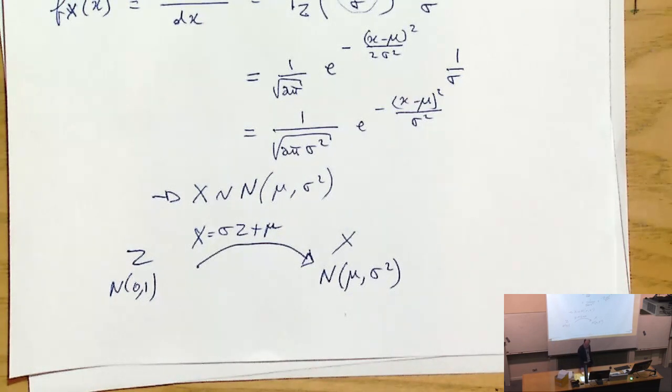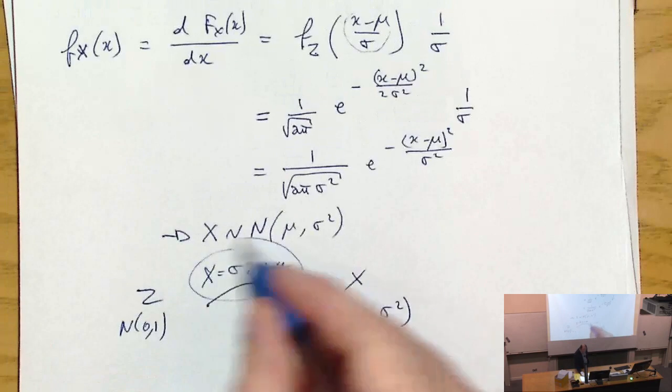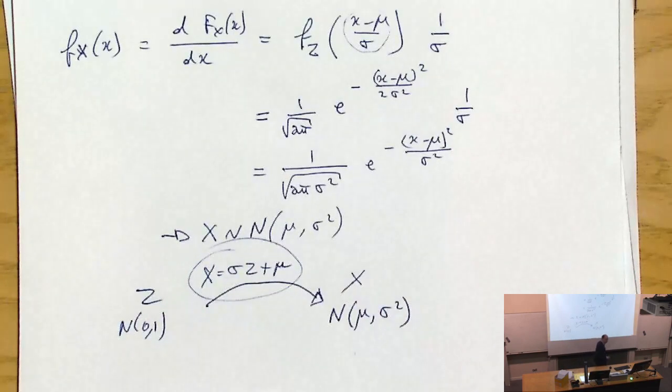Right? So this operation is really important. This is something you're going to do extensively. It enables you to go from a standard normal random variable to something that is non-standard, that has a non-zero mean or a variance that is not equal to 1. Okay, is that clear? That's a very important step, obviously.